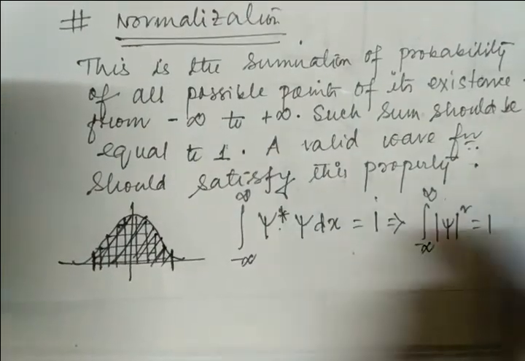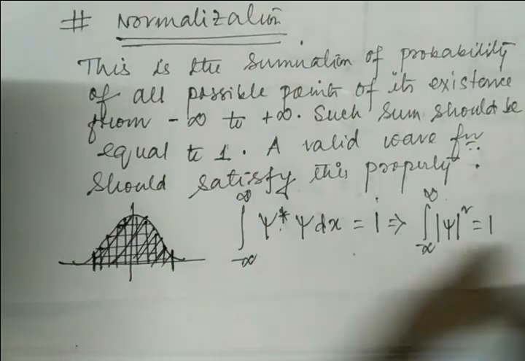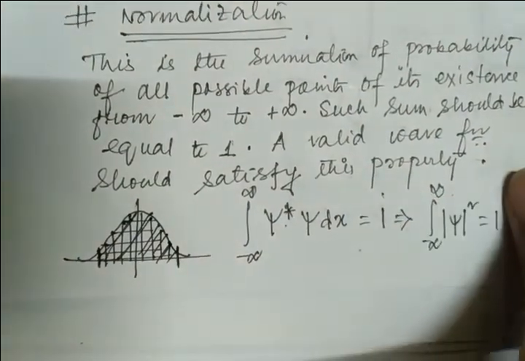This is the probability of that particle existing in that region. So this concept will be used to normalize our wave function also. And how can we solve that? Because with that concept we will determine our constant A to complete the solution.